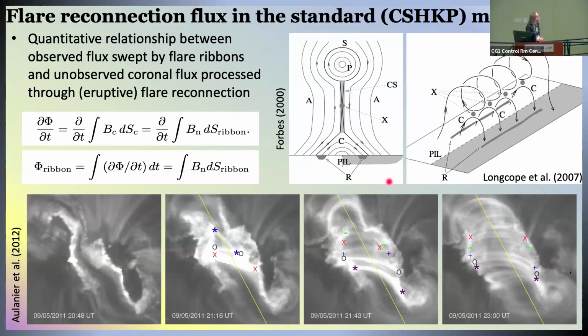Now, you don't have measurements of the coronal magnetic field, which is unfortunate, but you do have measurements of the photospheric magnetic field. And you know from this picture that all of the reconnection happens at this vertical current sheet, which you can't see because it's up above these images somewhere.